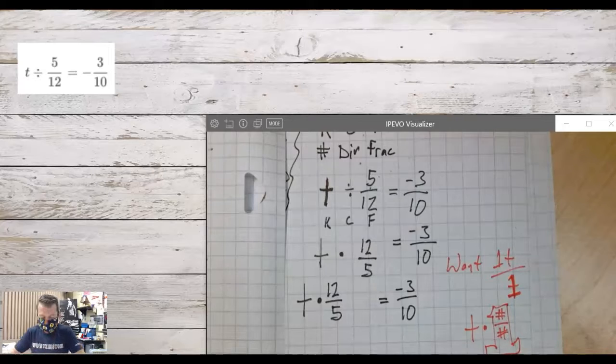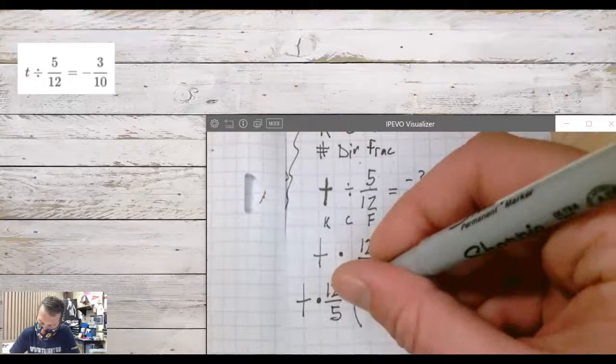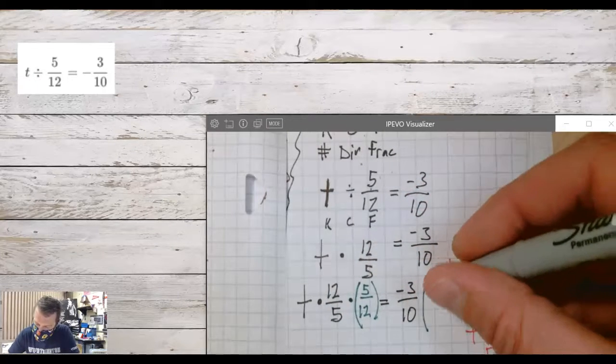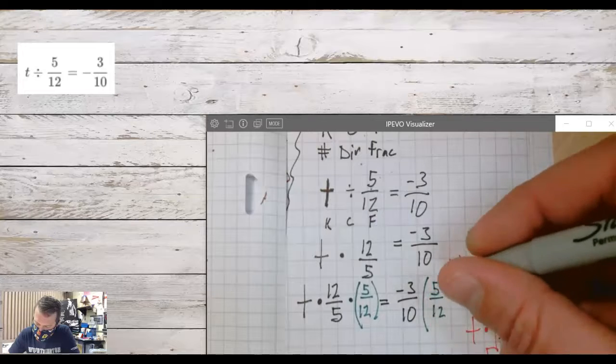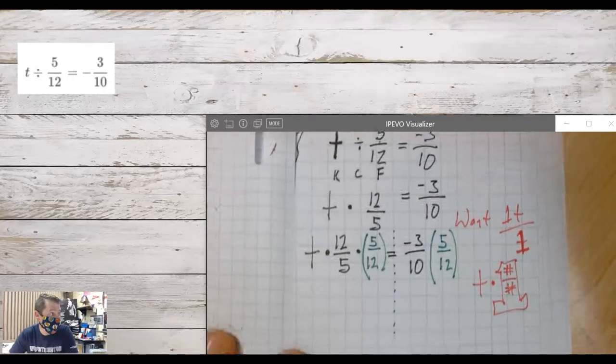To get that fraction to turn into 1, we remember the rule that if we multiply by the reciprocal, we can turn that fraction into 1. So on both sides, we're going to multiply by the reciprocal. Because remember, we can draw that dotted green line if we want to.